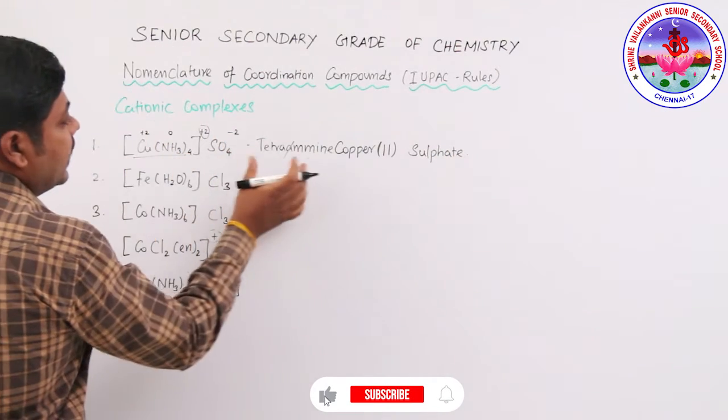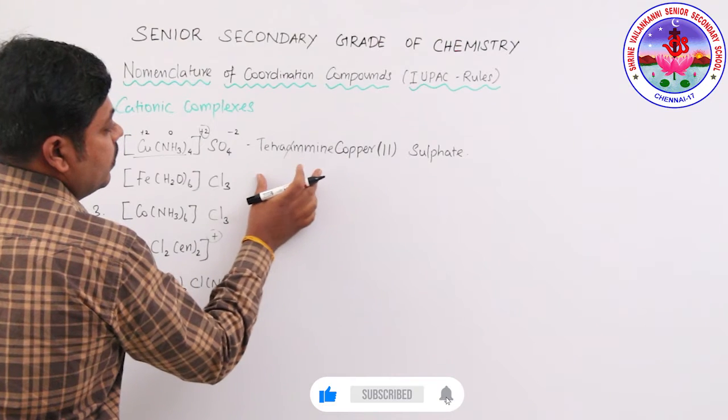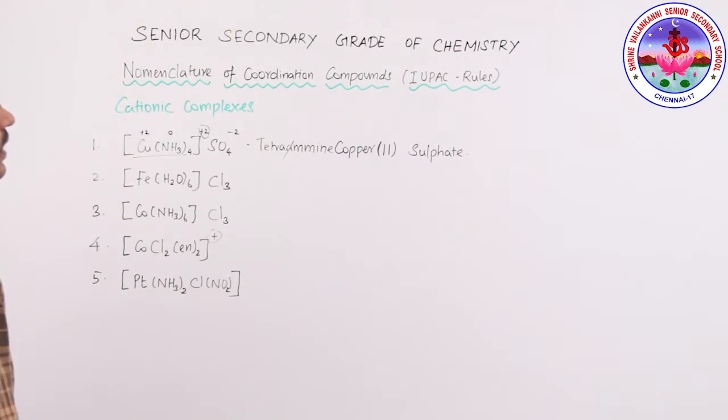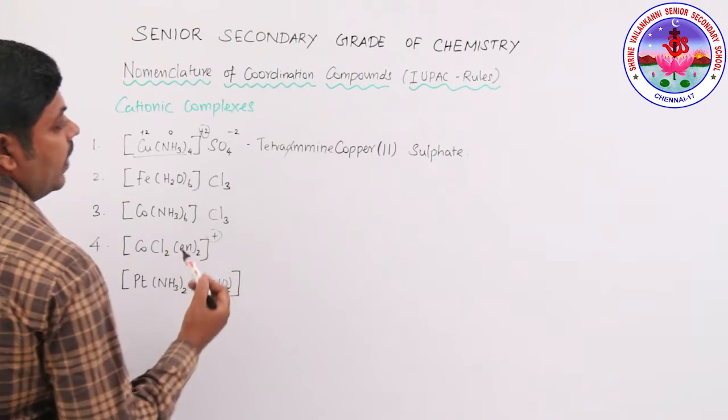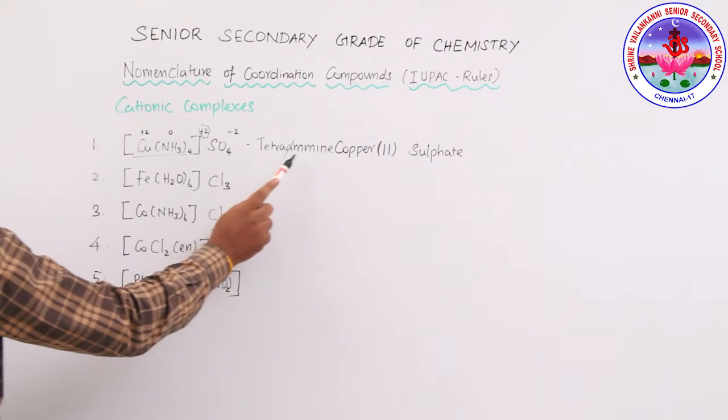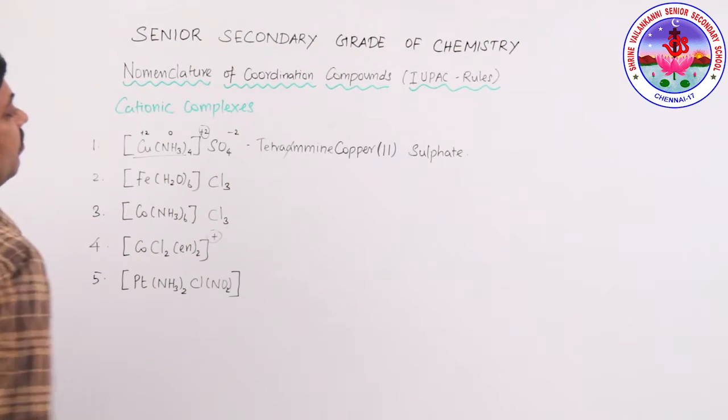In the complex ion there is no space left between the metal and the ligand; it is considered as a single entity. Okay, the name of the complex is tetraamminecopper(II) sulfate.